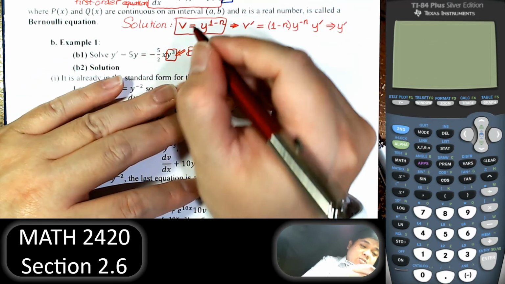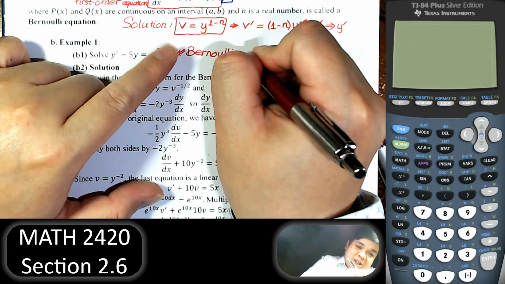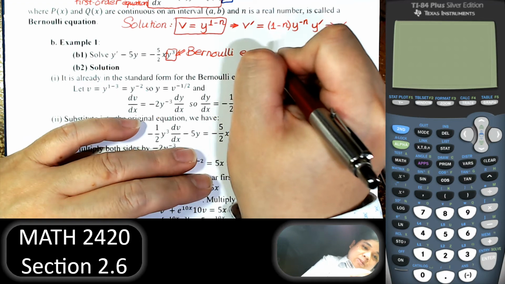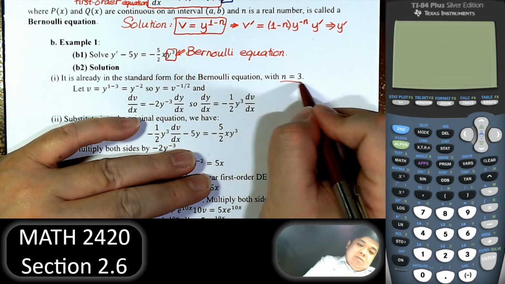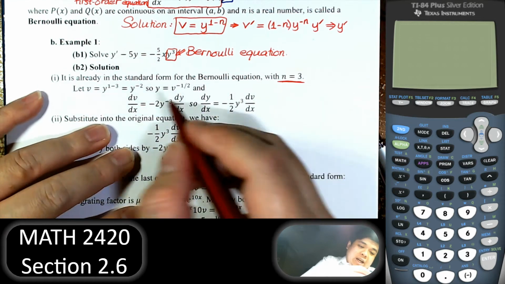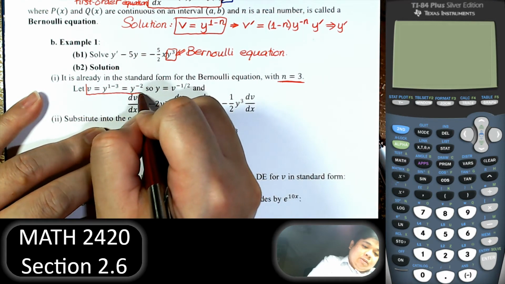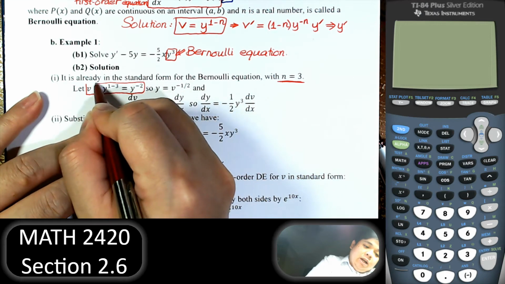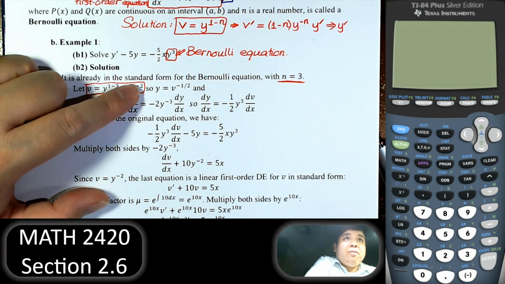That is the characteristic that stands out from the Bernoulli equation, is y to the n power on the right hand side. So with that, n is equal to 3, and the substitution is v equal to y to the 1 minus n. 1 minus 3 is negative 2, so that's what we have.